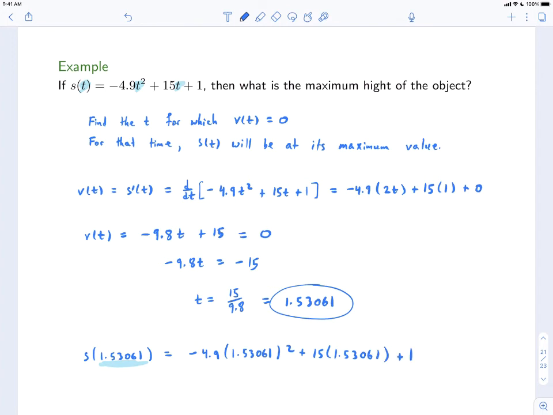Now again, this is the kind of thing you want to use a calculator or a computer to compute, and this will be approximately equal to 12.4796 meters. So the maximum height achieved is approximately 12.4796 meters above the ground.